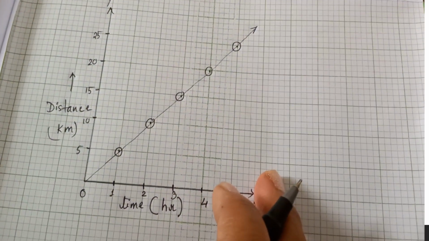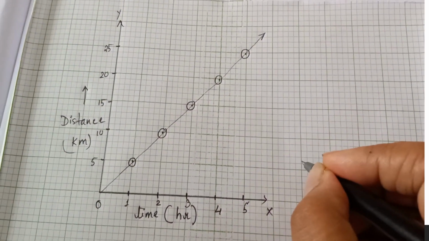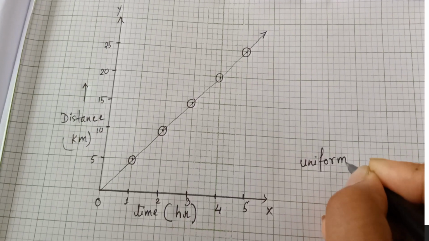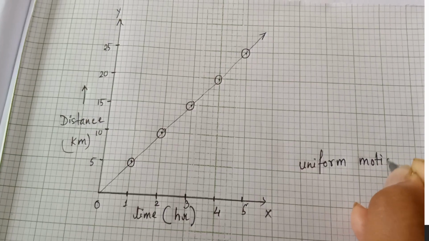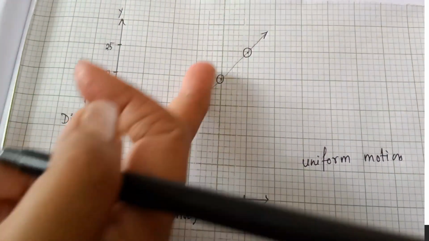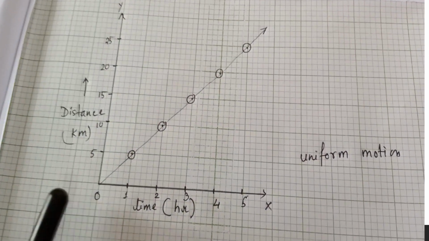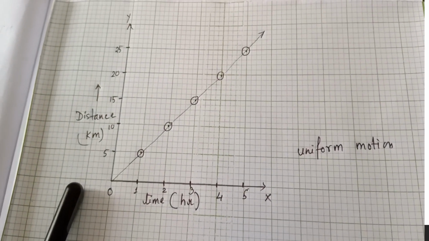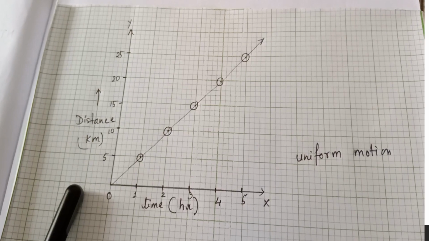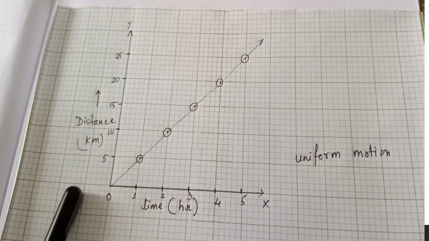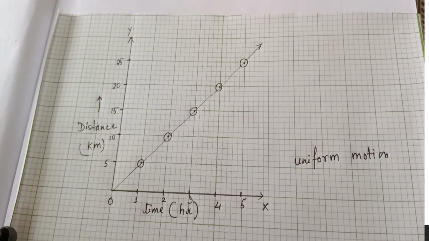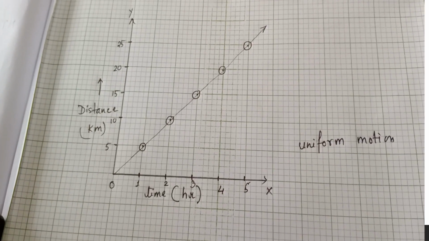That straight line told you that this is a uniform motion. So this is uniform motion. If we don't get the straight line, this will be non-uniform motion. That also I will show you. So I hope you have understood how you have to plot distance time graph.